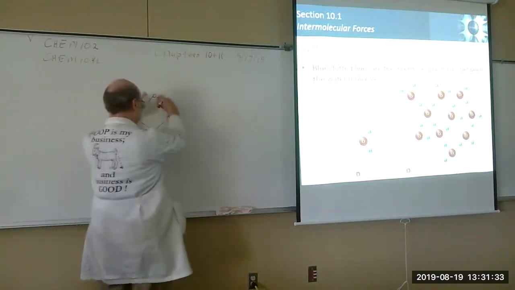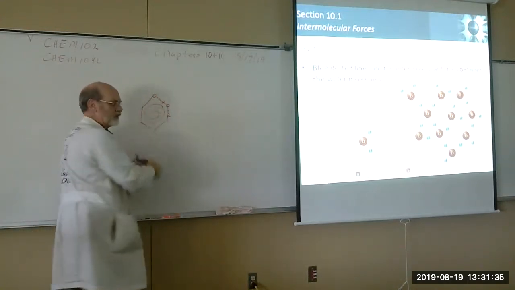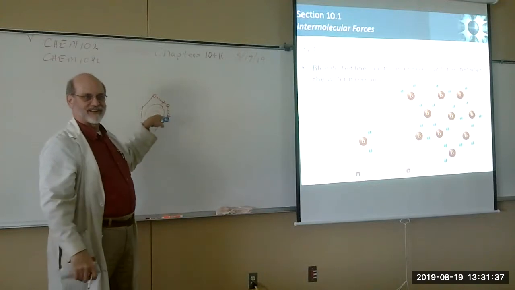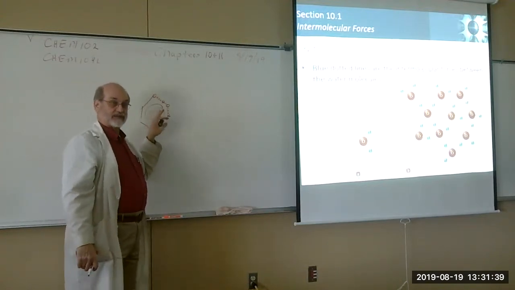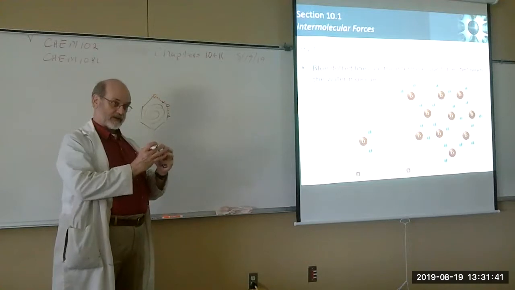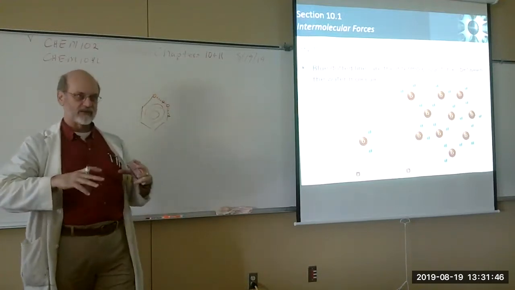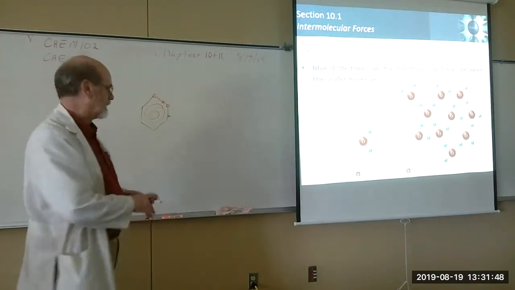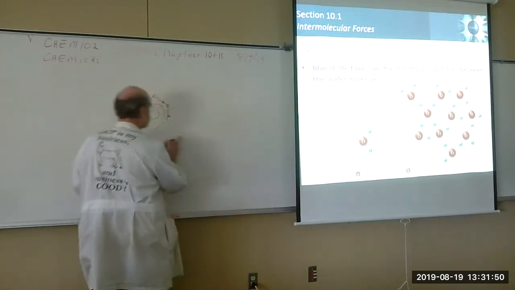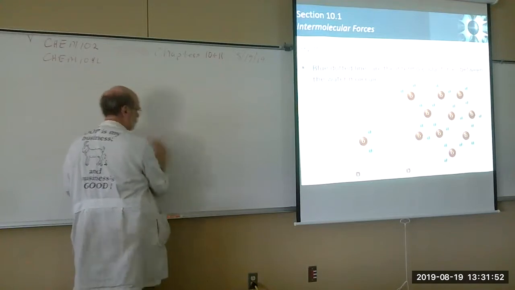Because in order to form this structure, you create an empty space in there. And that's volume. So water, as it freezes, expands, takes up more volume, which means lower density. That's why ice is less dense than water.